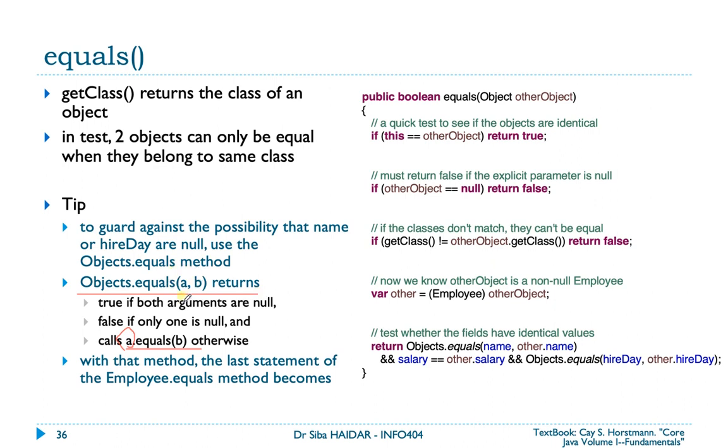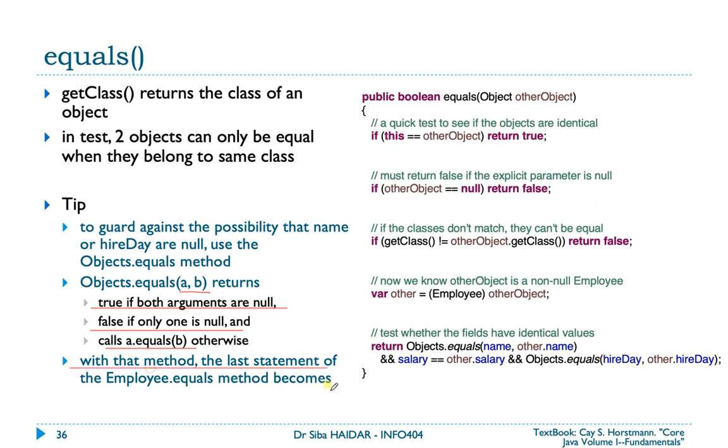So now you have two params inside the equals method of the static utility class Objects, which returns true if both arguments are null, false if one is null and the other is not null, and otherwise it will simply call a.equals(b). Equals(a, b) will call a.equals(b), and equals(b, a) will call b.equals(a).